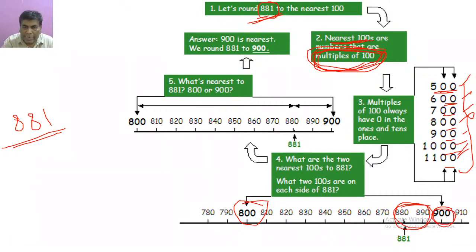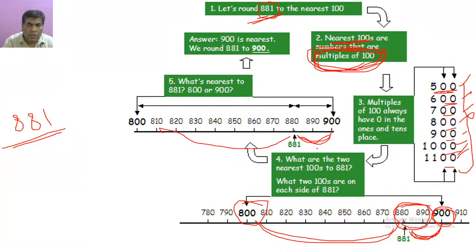Just by seeing, you can tell it is nearer to 900 and farther from 800. Because it has only two, it is very near to 900 and far away from 800. So the answer is 900.